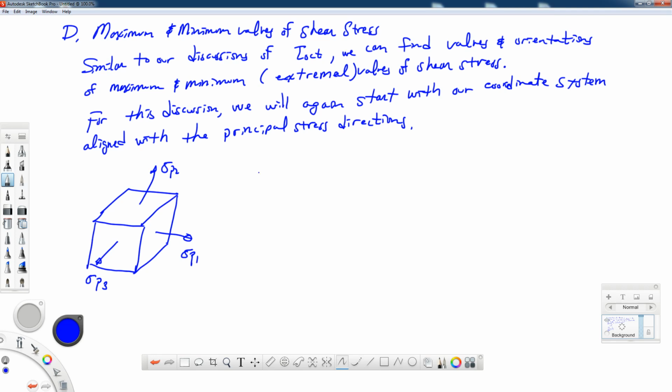Now when we found tau octahedral, we used a unit normal of 1 over the square root of 3, 1 over the square root of 3, 1 over the square root of 3 with those components. But now we want to use a more general unit normal to find the orientations of our extreme values of shear stress. So let's go ahead and write that down.